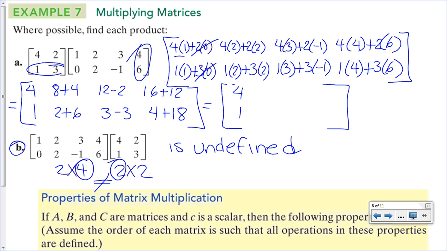So we have 4, 1, 12, 8, 10, 0, 28, and 22. And that is correct.